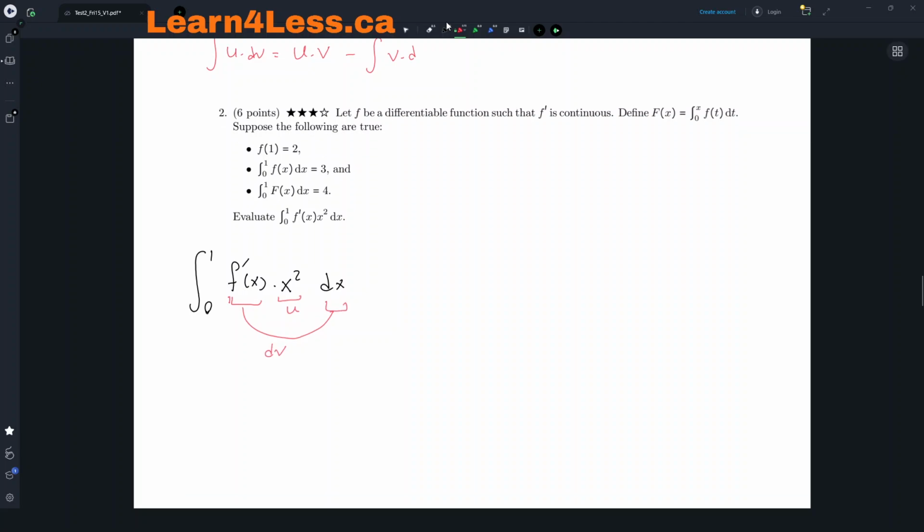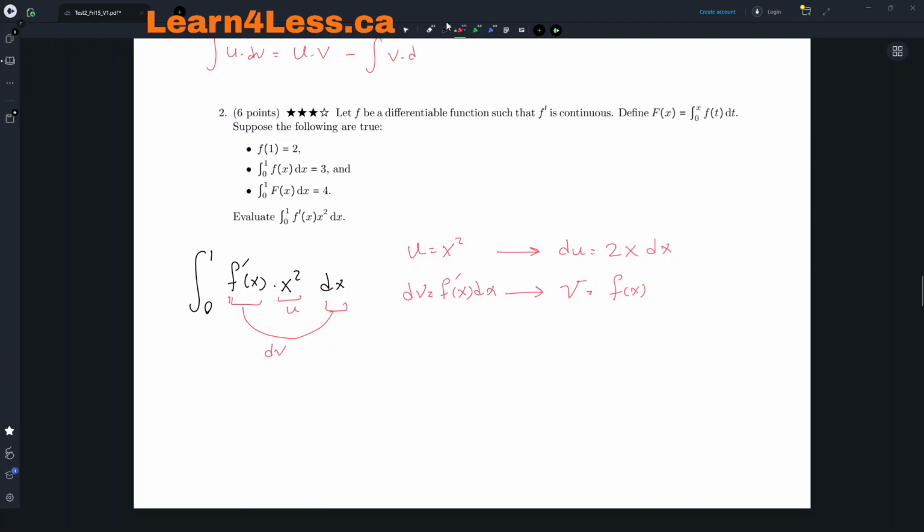Let me just write it separately. u is equal to x squared, and dv is equal to f prime of x dx. u is equal to x squared, so du would be the derivative of that, which is 2x dx, and dv is f prime of x dx, and v would be the integral of that. So basically this is already the derivative. We are doing the antiderivative of that, which would be back to f of x.